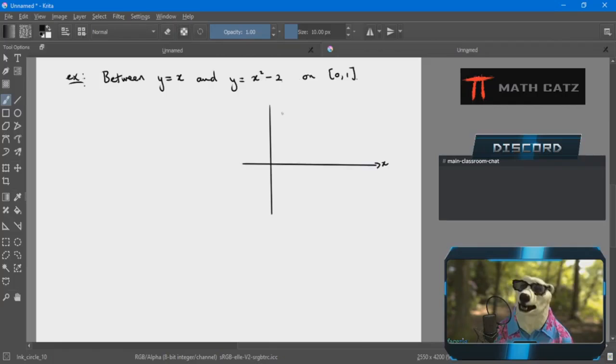So for my first example, I picked something fairly easy. I have my straight line y equals x. And then I have my parabola that I shifted down a little bit over here, like so.